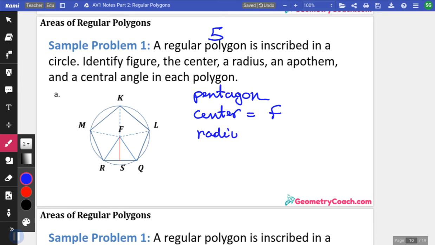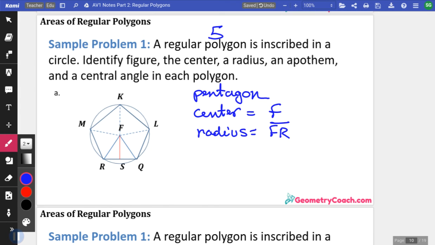There are two possible radii here. Pick one, either segment FR or FQ. An apothem is the line that goes from the center to the side. There's only one drawn here, and that would be segment FS.